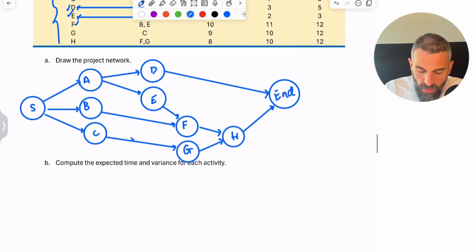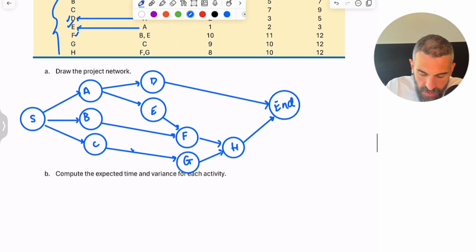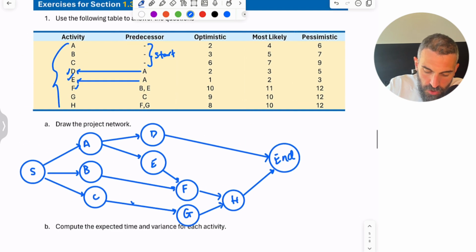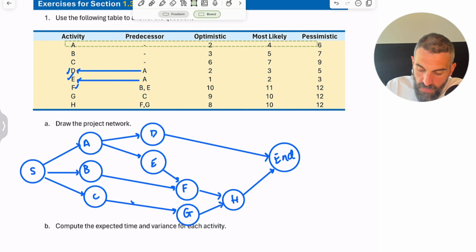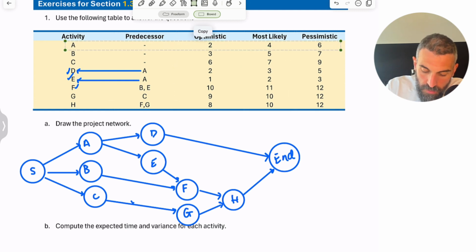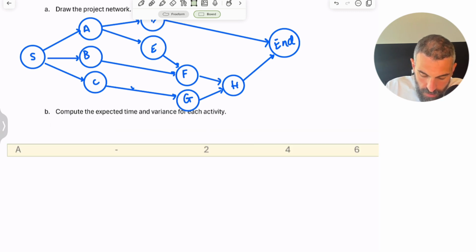Next, we've asked you to calculate the expected time and the variance for each activity. So for this, I'm going to show you how to do it. I'll start with activity A. So you have all this, right? I'll just bring it here so I can work with it. Okay, got it.